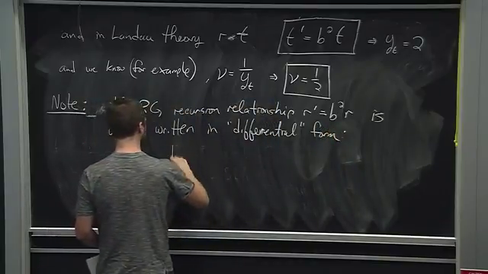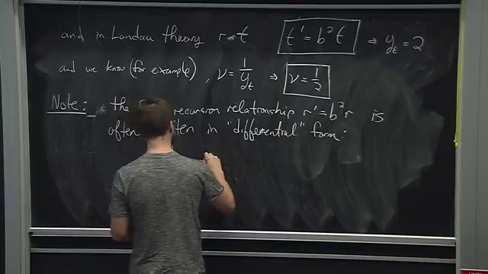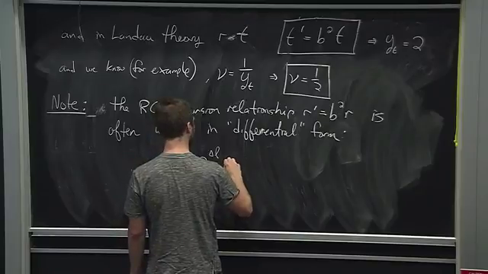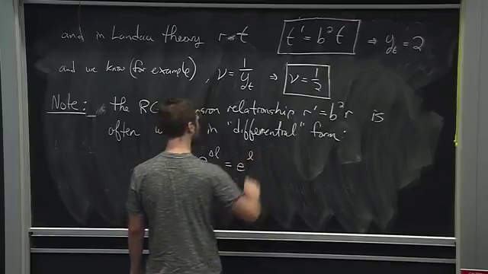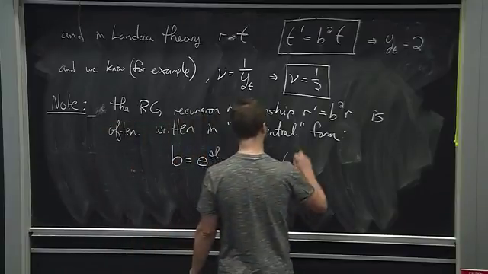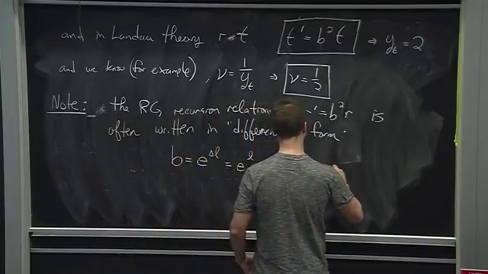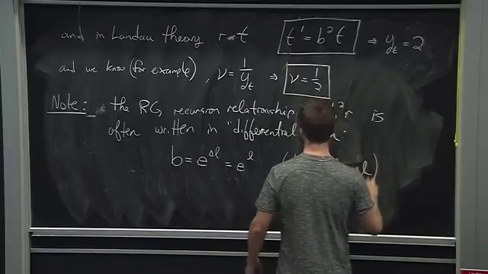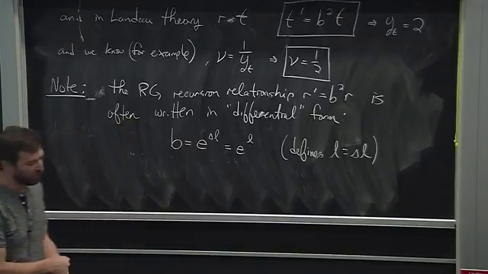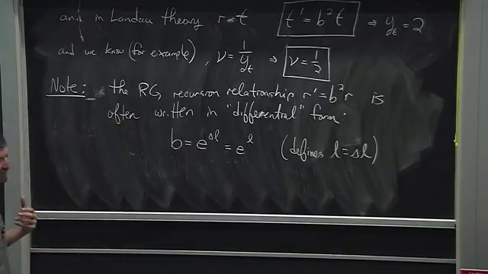So B is defined as, sometimes written as e to the delta L, or just e to the L. That's just defining some L, or delta L. It's like you want to form a derivative in the RG step.